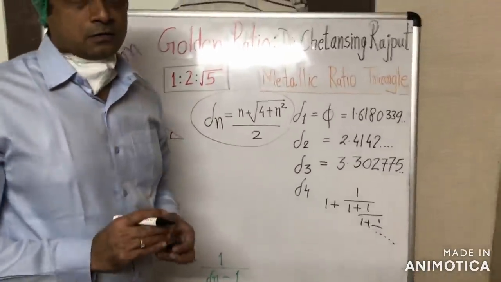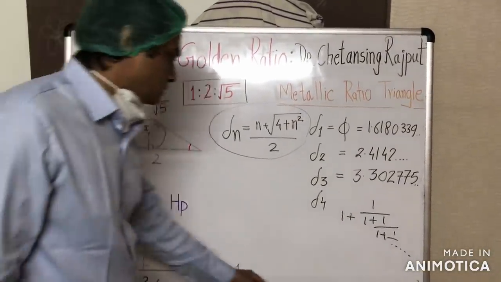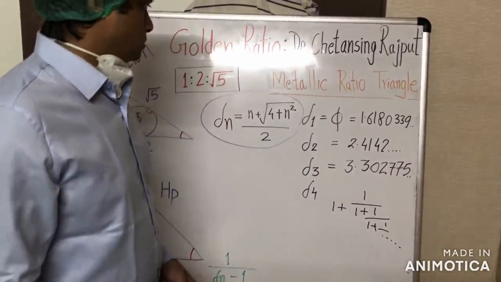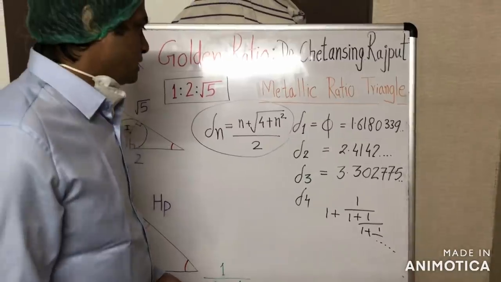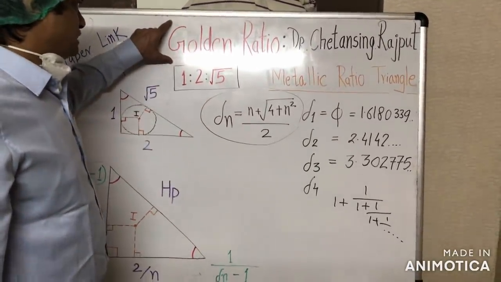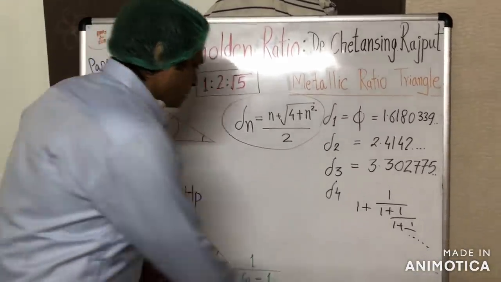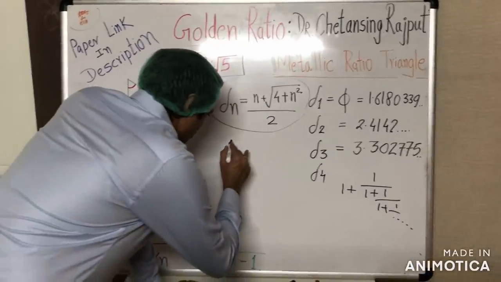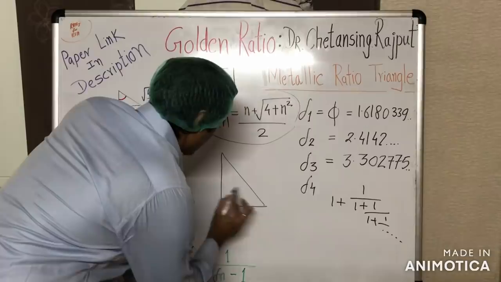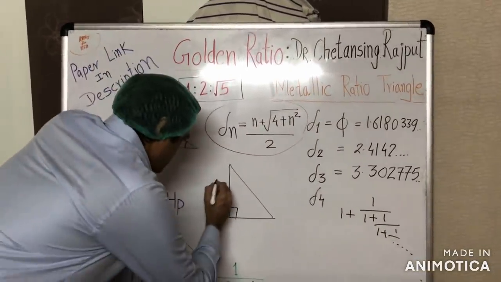In this part, what I want to elaborate is every metallic mean, each of these metallic ratios, can be expressed by a special right triangle, just as golden ratio is precisely expressed in form of 1 to root 5 triangle. Consider here a right triangle having one of its catheti as 1.